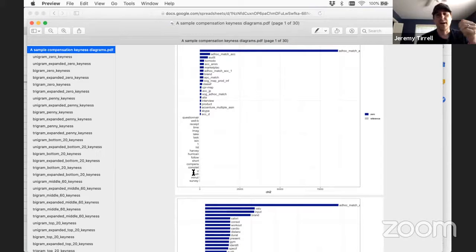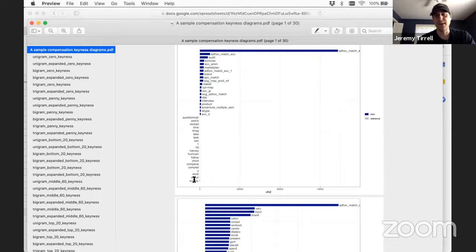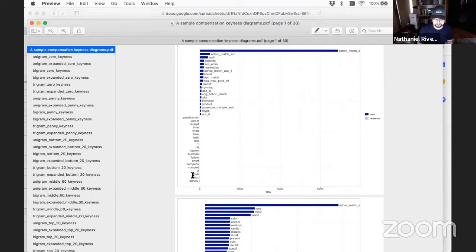So if these last 3, survey, minute, and study, were tied numerically here, which they aren't, it might present them in a different order, but they'd all be there. It's just a small quirk.